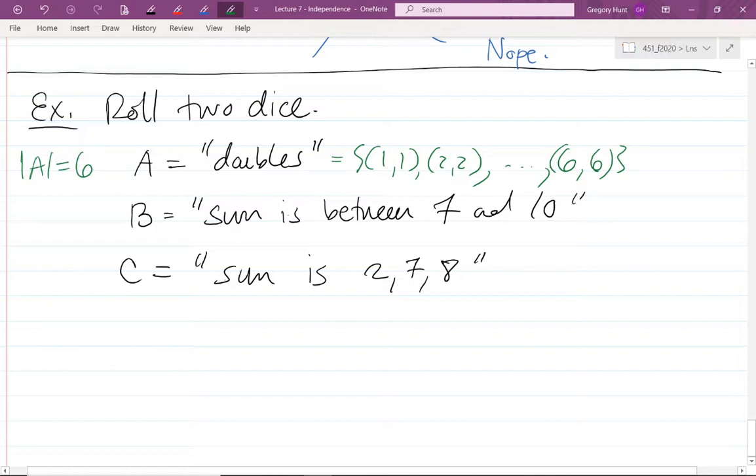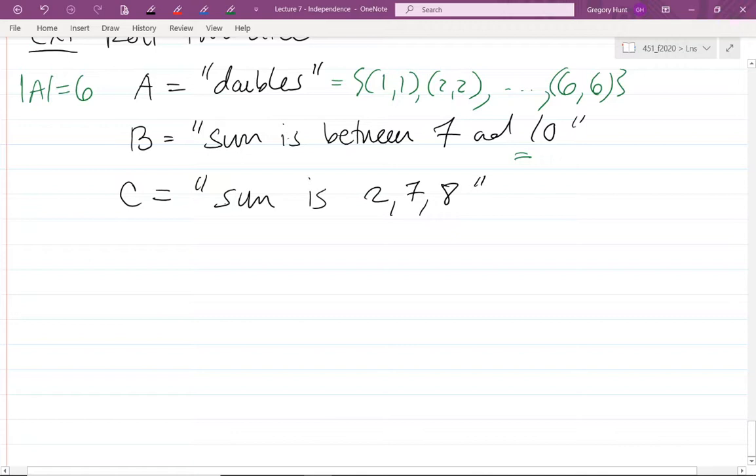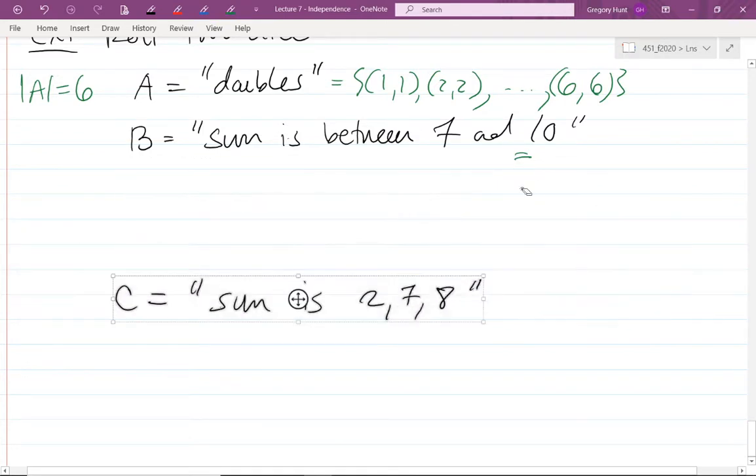The sum is between 7 and 10. Ooh boy, that's going to take a lot to enumerate. Let's move this event down. So the sum is between 7 and 10. What are the possible outcomes there? Well, I can get 2,5. I could get 1,6.